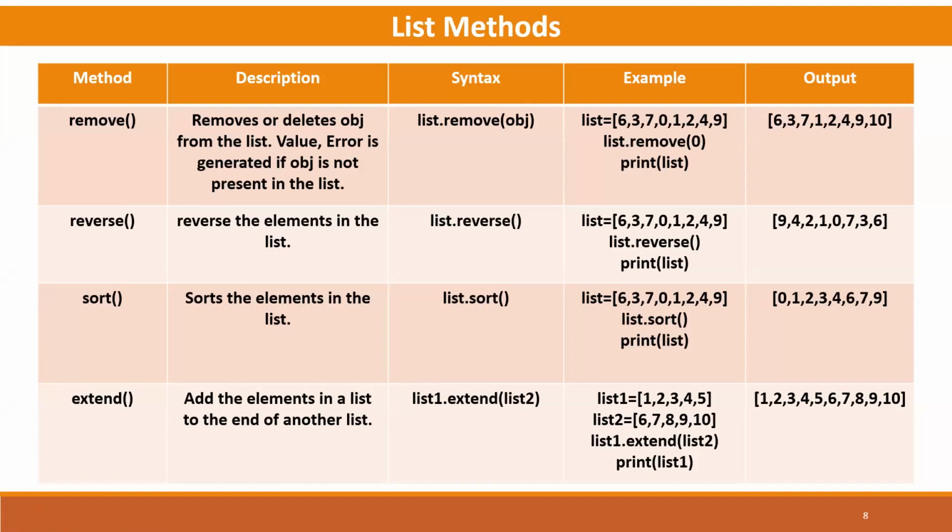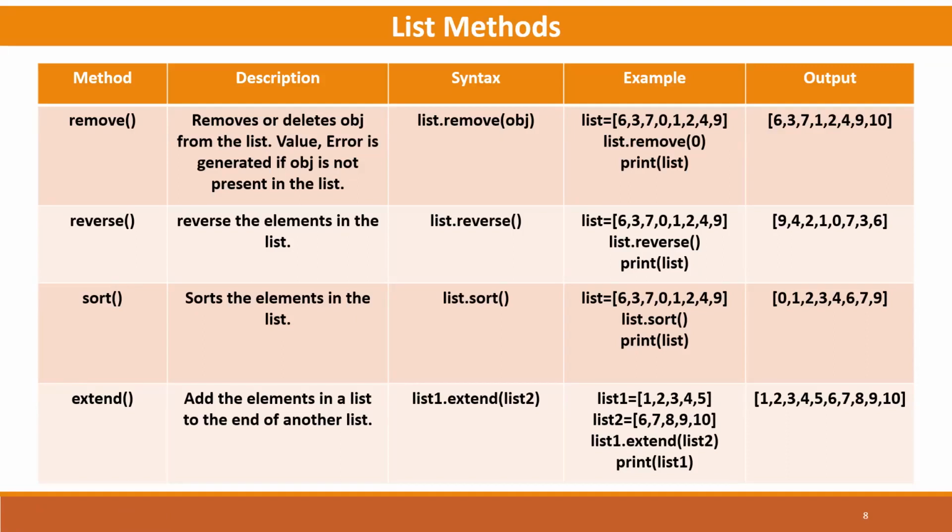Then reverse. It's very simple. It just makes the reverse of the list. Okay. If you call list.reverse, the reversed elements get stored itself. Dot sort, the list gets sorted. Extend means add the elements of a list to the end of another list.